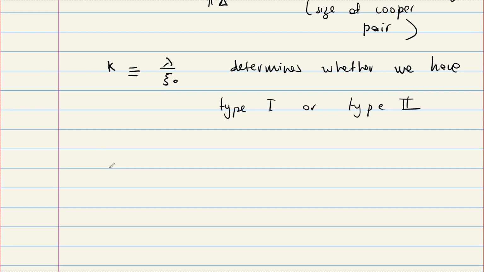Another thing is, if L is much larger than this Cooper pair size, this is the clean limit. And in that case, we understand why superconductivity survives. But in the opposite case, if L is much smaller than xi naught, this is what we call the dirty limit.